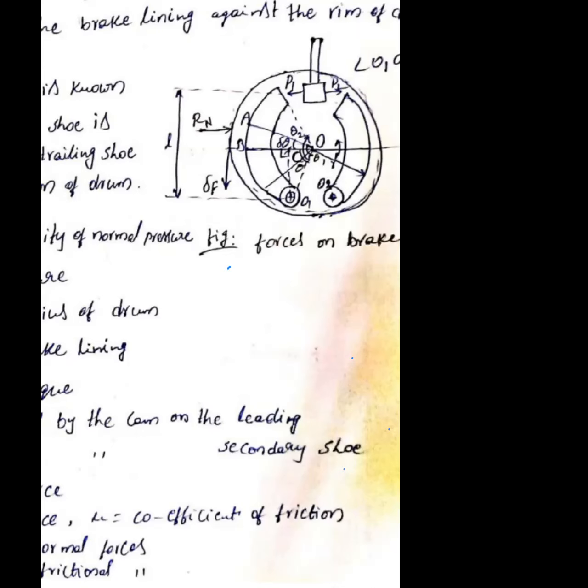Angle-wise, from O1 up to the end of the shoe, the entire shoe angular displacement is theta 2, and from O1 up to A is theta 1. They also generate one triangle, the triangle OO1C.